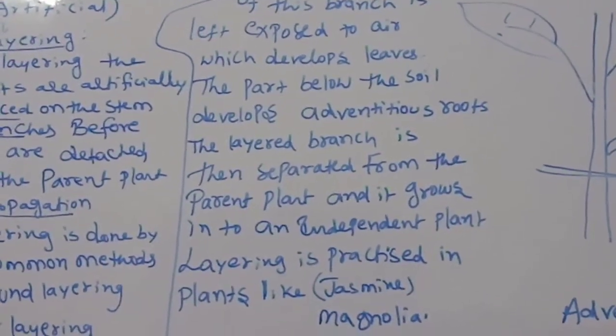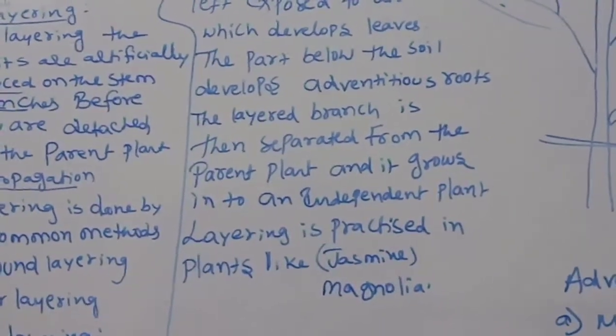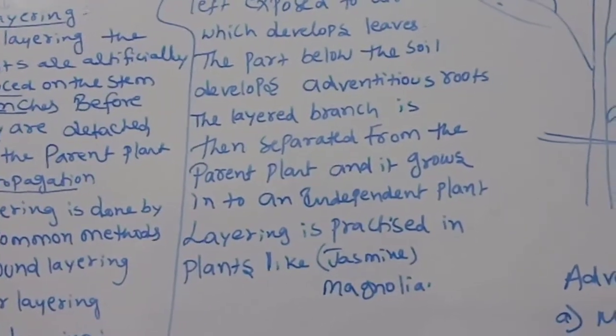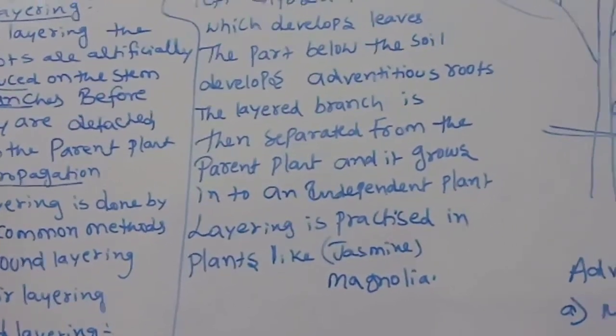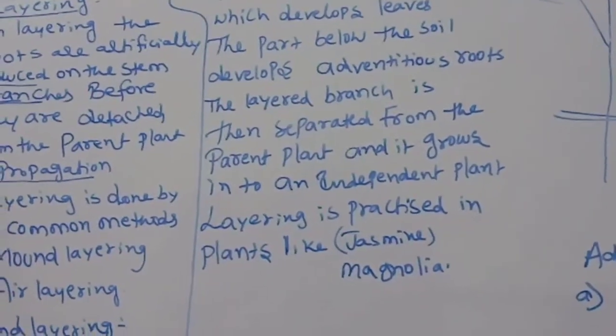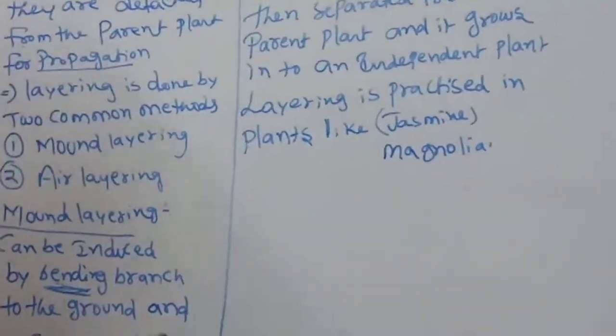Mound layering can be induced by bending the branch to the ground and covering it with moist soil.